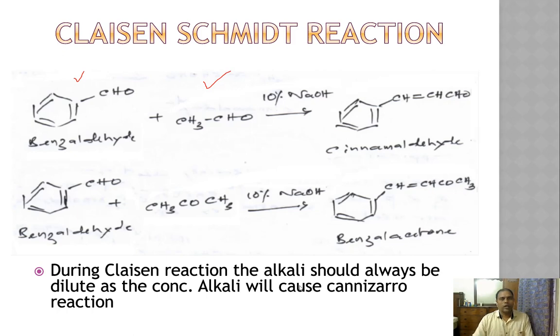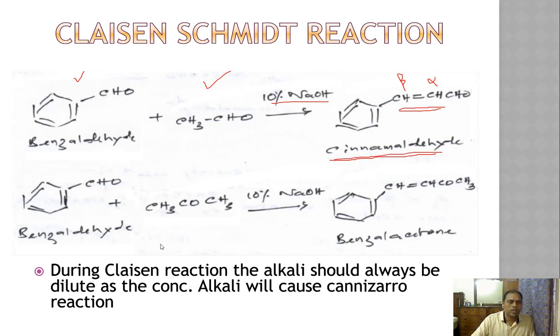This is the reaction. The benzaldehyde reacts with the acetaldehyde in the presence of a dilute alkaline solution, that is 10% sodium hydroxide. So you're going to get an alpha beta unsaturated aldehyde, and that is cinnamaldehyde in this case.